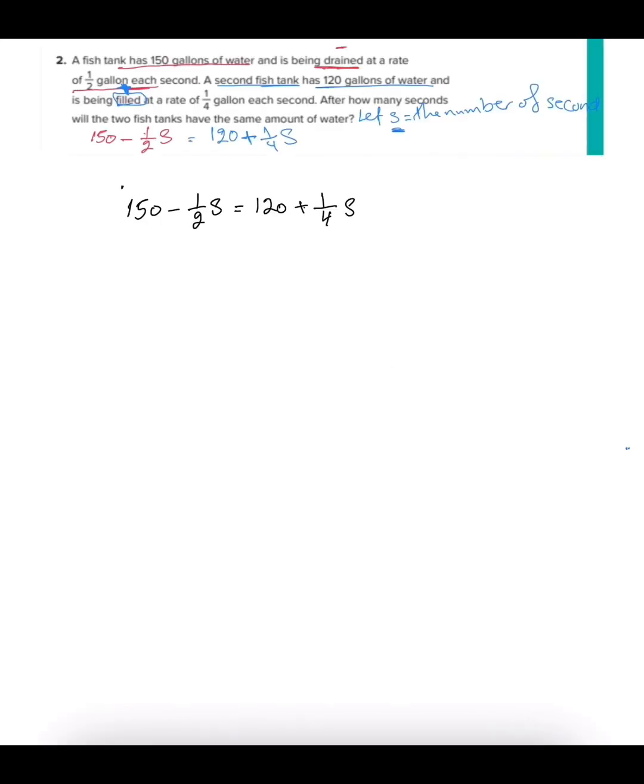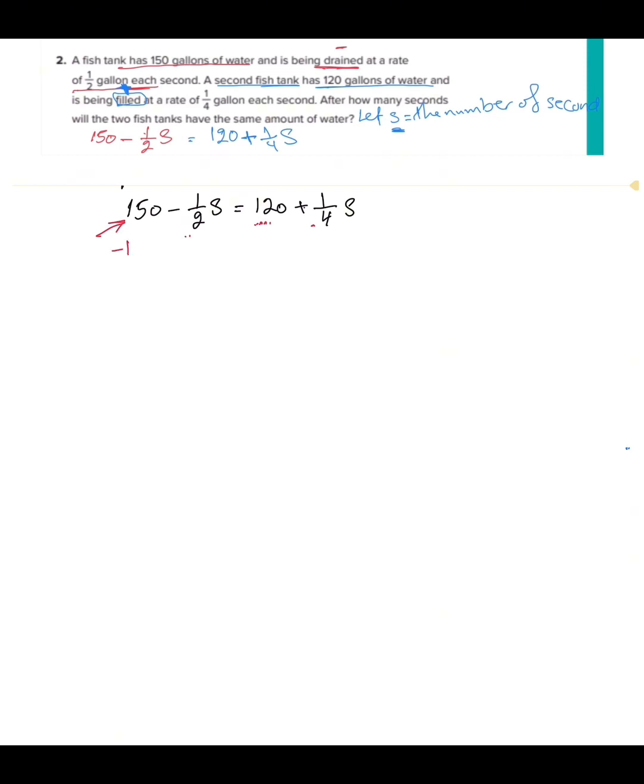Let's see. At the beginning we have our equation: 150 minus half s equals 120 plus a fourth s. As I said, I must move the variable to one side and the number to the other side. You can start with minus 150 on both sides, or plus half s on both sides, or minus 120, or minus a fourth s, as you want.